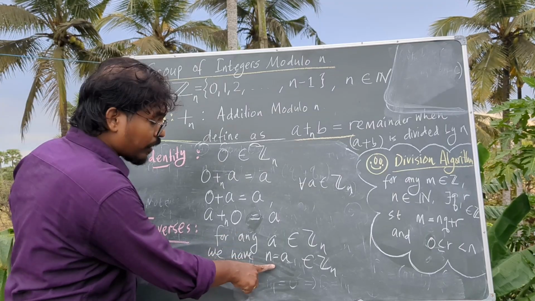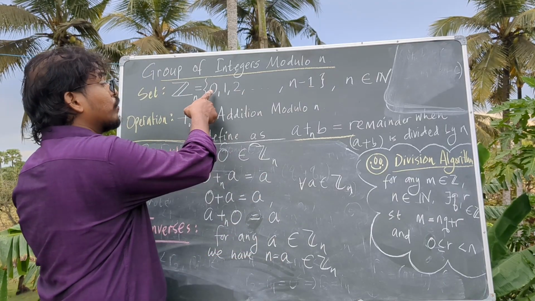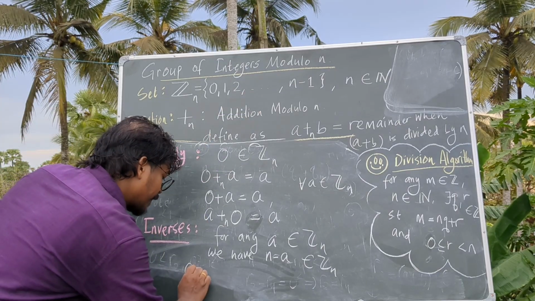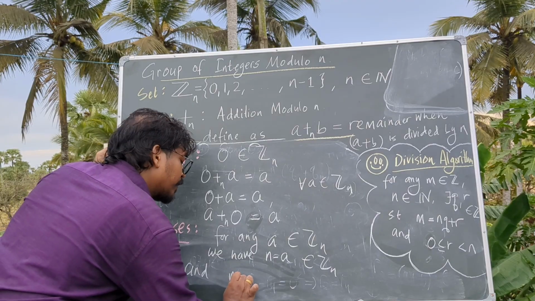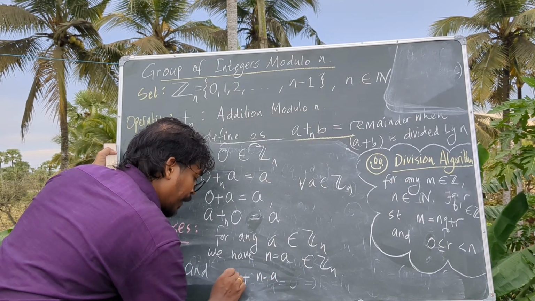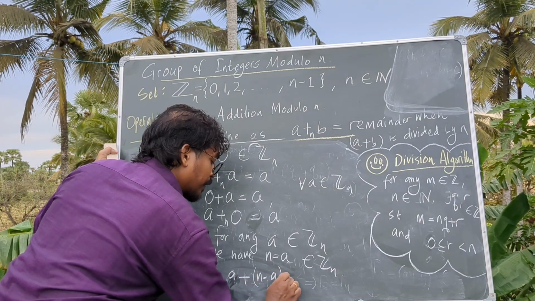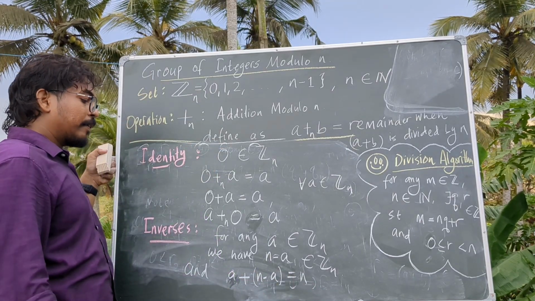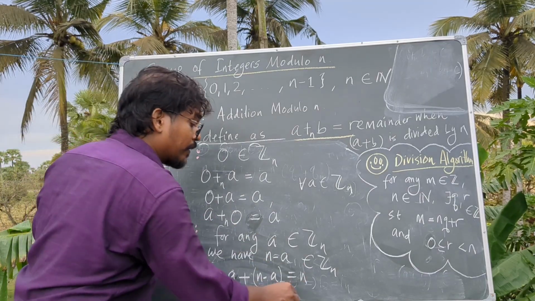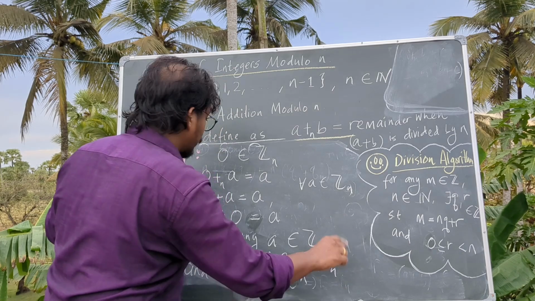So n minus A is also a number between 0, 1, 2 up to n minus 1. And we have A plus n minus A, which is n. And then we divide n by n, and I get remainder 0.